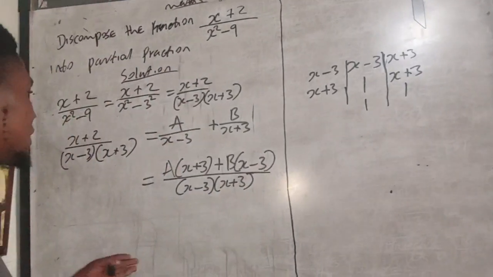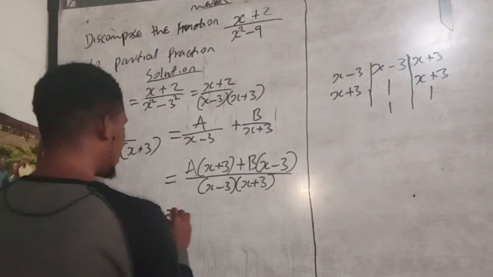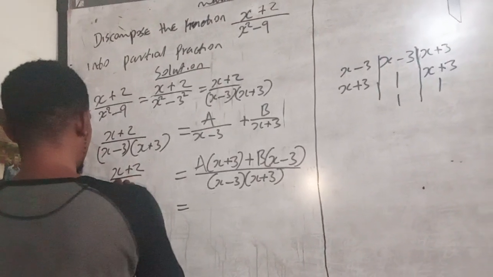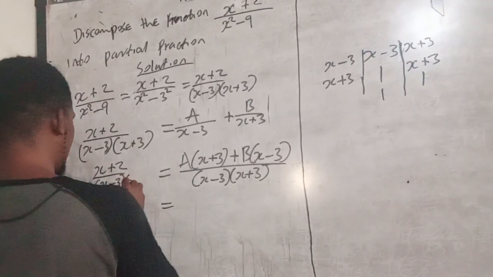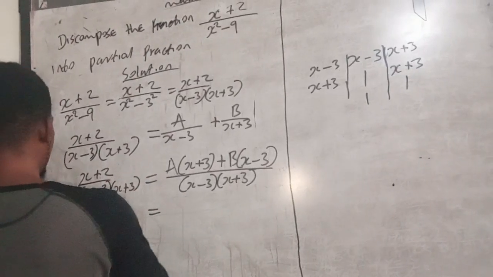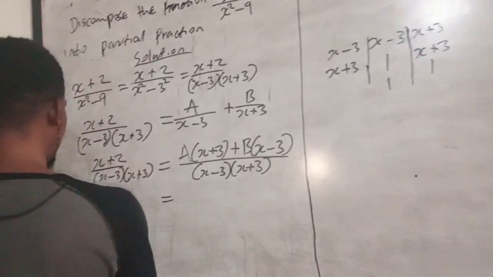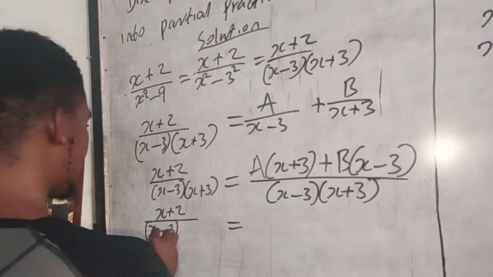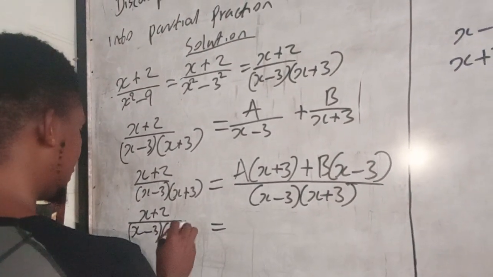Now we open the bracket. We have x plus 2 all over x minus 3 and x plus 3.